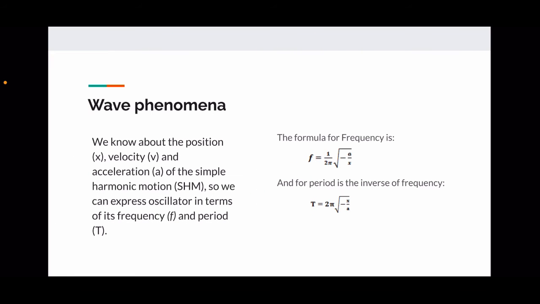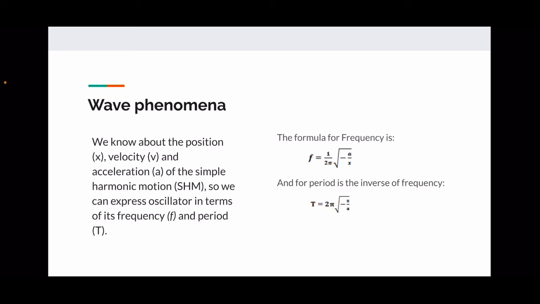Wave phenomena. We can express an oscillator in terms of its frequency and period. For frequency, the formula is f equals 1 over 2 pi multiplied by the square root of minus a over x. f meaning the frequency, a meaning acceleration, and x meaning position. The units are represented in hertz.